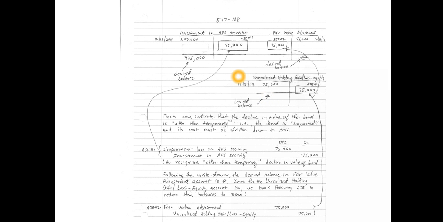So the $425,000 debit in the investment account, combined with a 0 balance in the fair value adjustment account, will result in us reporting this investment on the balance sheet at its fair market value of $425,000.